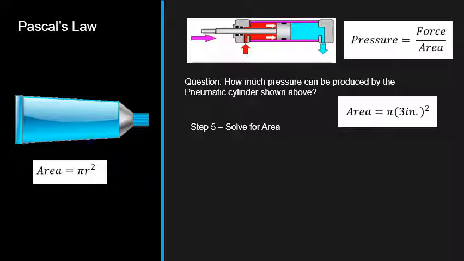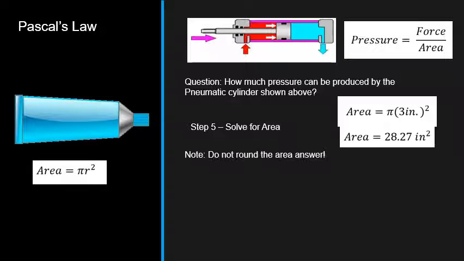For the area of a circle, make sure that you use the radius, not the diameter. So our diameter was 6 inches, so our radius will be 3 inches. We put it into that formula, and we have our area as 28.27 inches squared. It's a good idea when you do problems like this to not round until you get to your final answer.